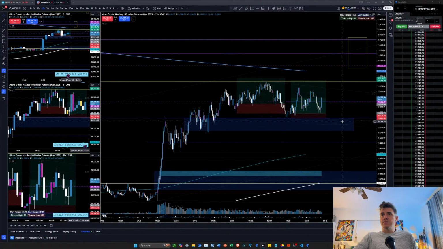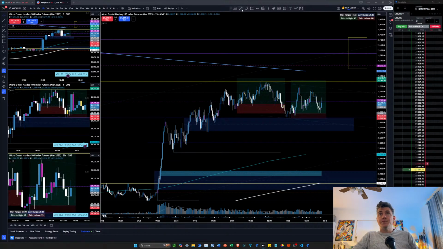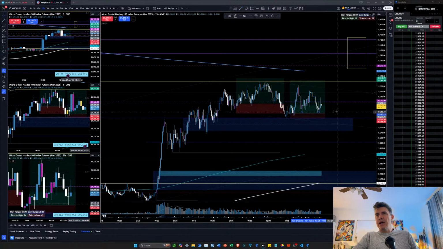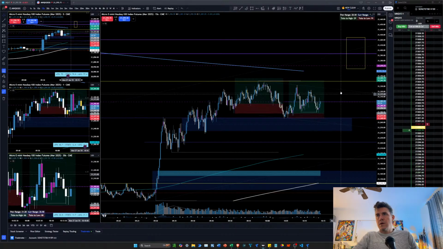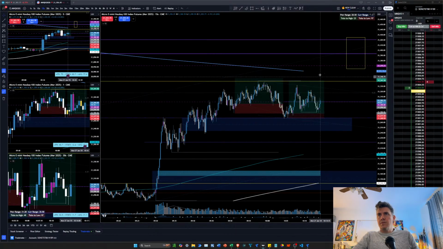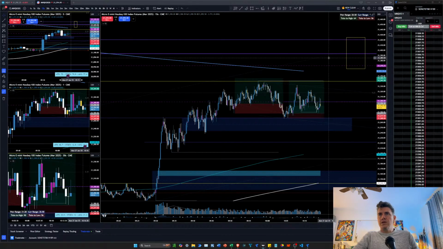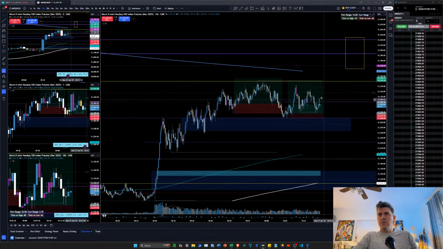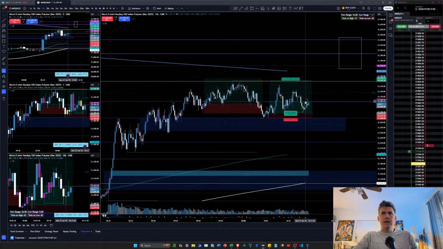Tiny long trigger right there. Swept liquidity right there. Small down, big up. Still kind of want price to test this 200 or these 50%. So these two wicks here are interesting though. Kind of make you think about it.